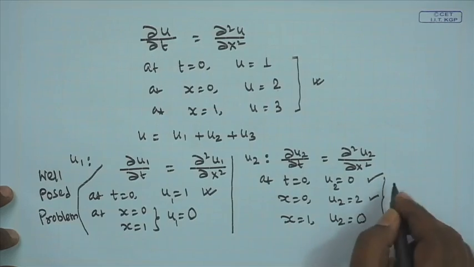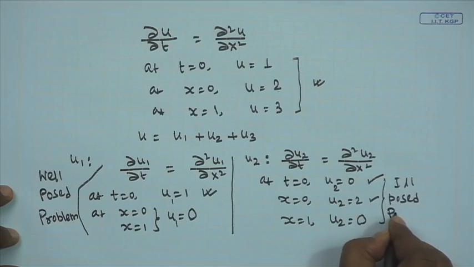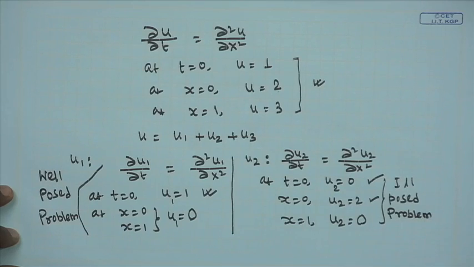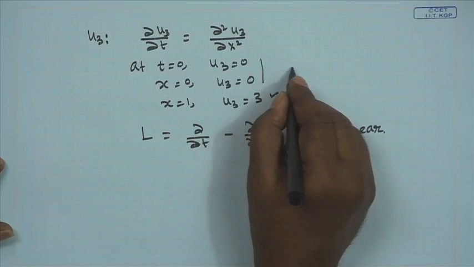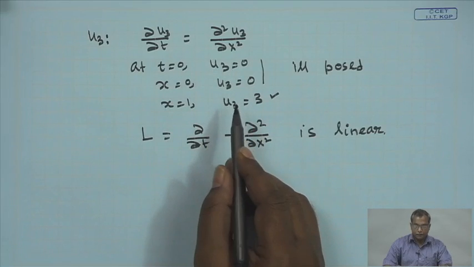On the other hand, if you have a parabolic partial differential equation with a homogeneous initial condition and non-zero boundary conditions, for example, one of the boundary conditions is non-homogeneous, then this is known as an ill-posed problem. Similarly, u3 is also an ill-posed problem because the initial condition is homogeneous.